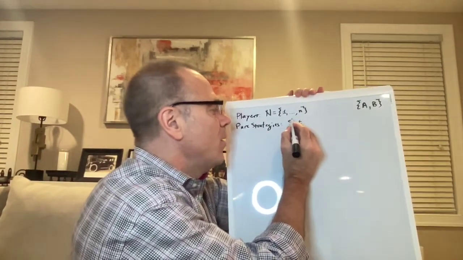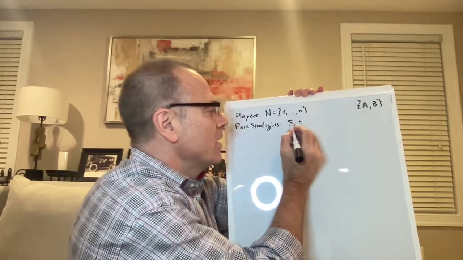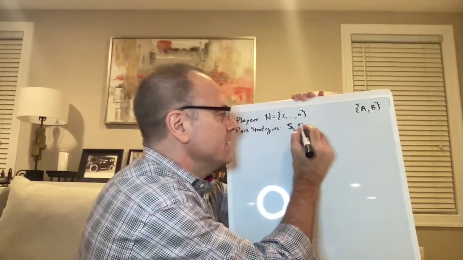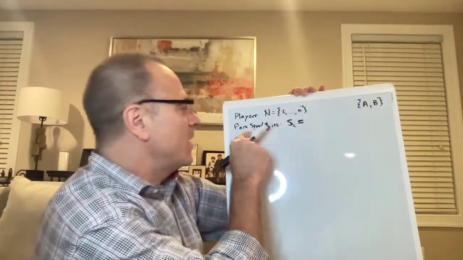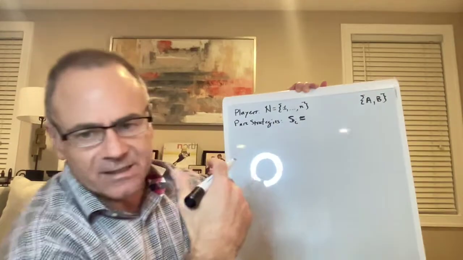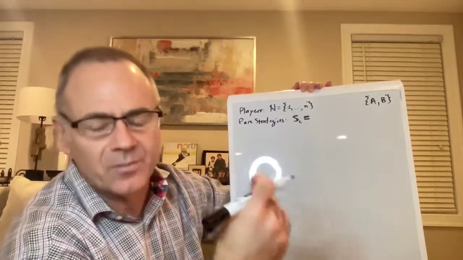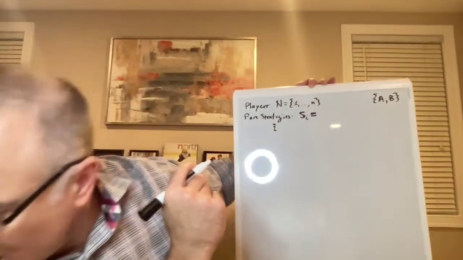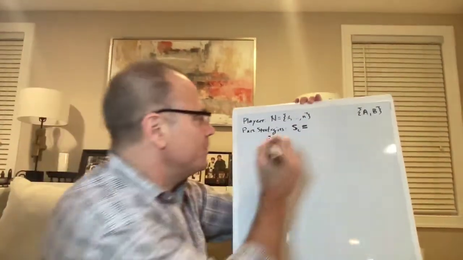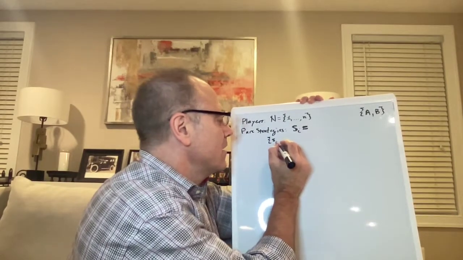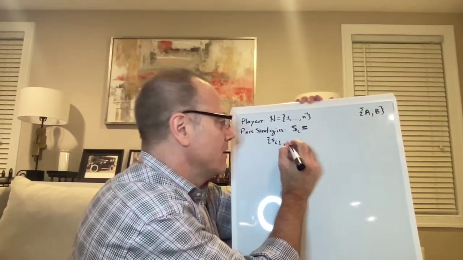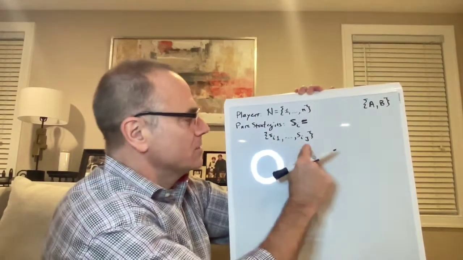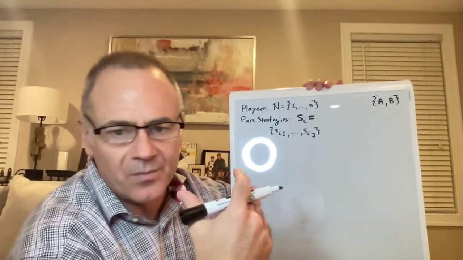That may be a bold S_I or a capital S_I, and so that is the space. Those are the possible pure strategies that I can play. So player I can play S_I1 dot dot dot to S_I capital J. So there's capital J possible.